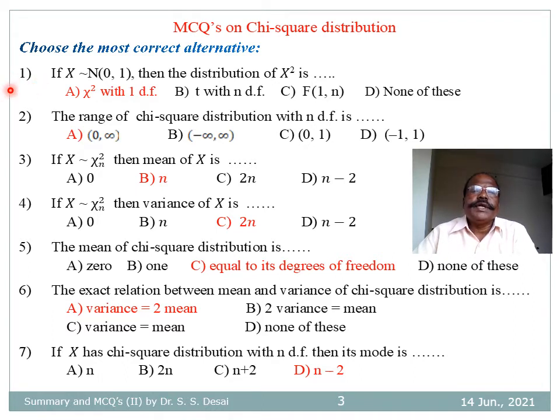So the first question is, if x follows normal 0, 1, that is standard normal, then the distribution of x square is, here the correct answer is chi-square with 1 degree of freedom. The range of chi-square distribution with n degrees of freedom is, the correct answer is 0 to infinity. So similarly you observe the remaining questions.